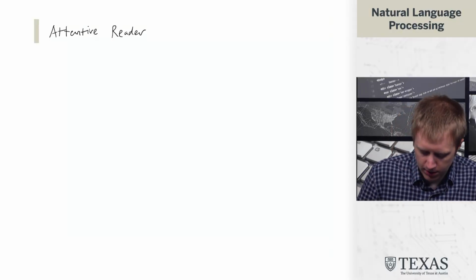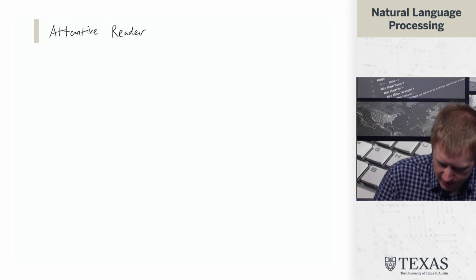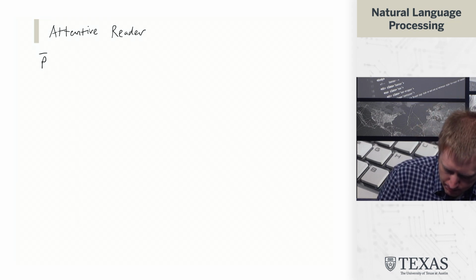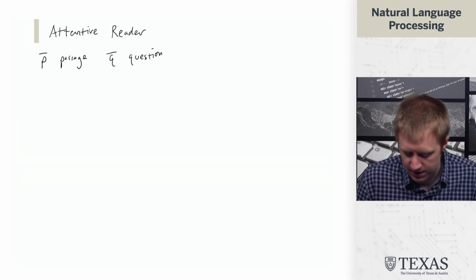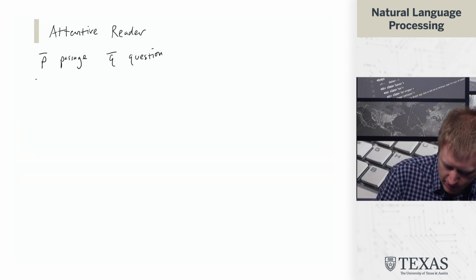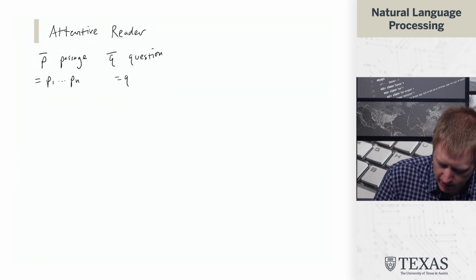All right, so what we take in as input is a passage P and a question Q. P is going to consist of words P1 through Pn, and Q is going to consist of words Q1 through Qm.